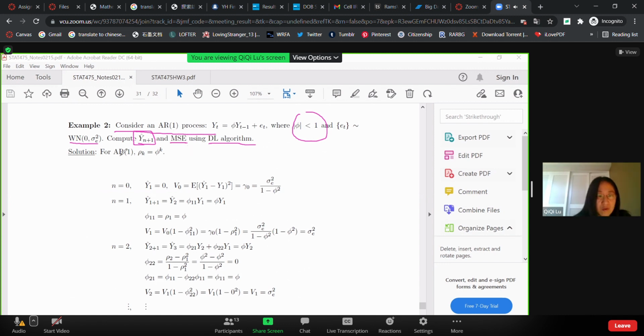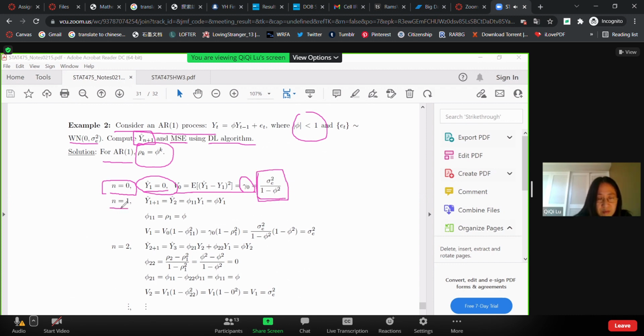So for AR1, we know this, right? Rho k equals the coefficient phi to the power k. We start with n equals 0, and the process mean is 0 here, and V0 is the process variance. For AR1, this is the process variance.